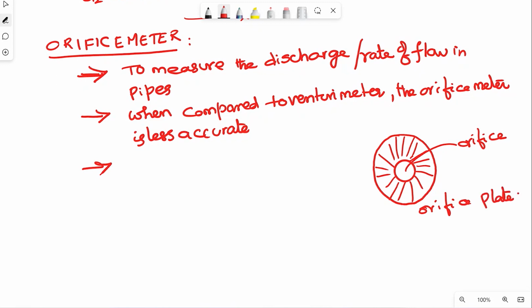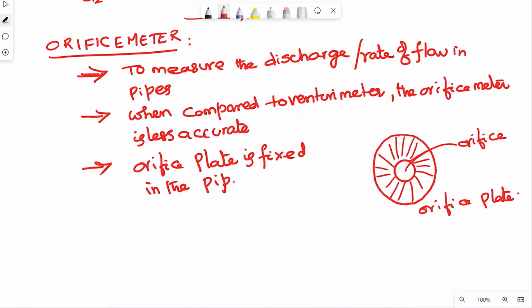Right? What is an orifice meter? If such an orifice plate is fixed in the pipeline. So this device is much cheaper. Venturi meter means you need to have either brass or stainless steel, or gunmetal, that inlet, then the convergent cone, throat, the divergent cone, the whole device you need to purchase.